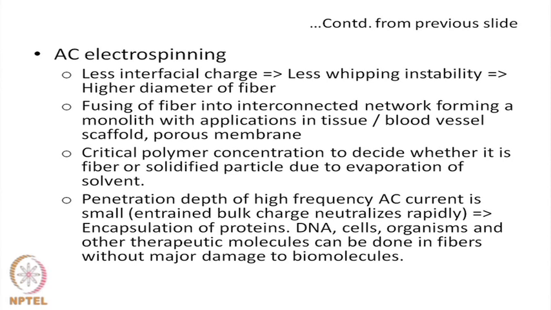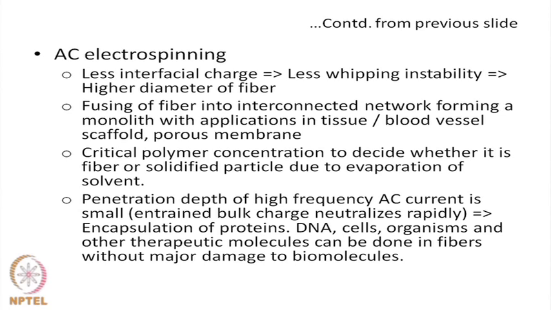Now there is also another point here, which is a critical polymer concentration that decides whether it is fiber or solidified particle due to evaporation of solvent. In case of AC electrospinning, first of all we said that there will not be a single fiber strand that comes out. It would be small strands, small pieces of opposite charges that are coming out.